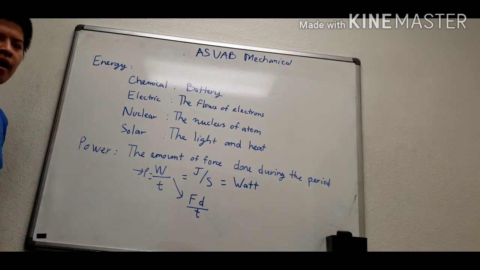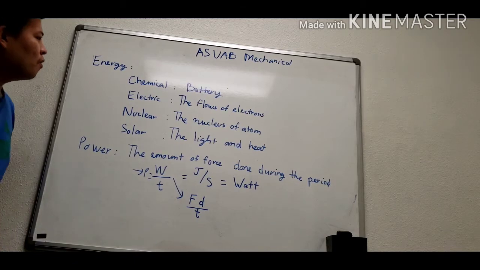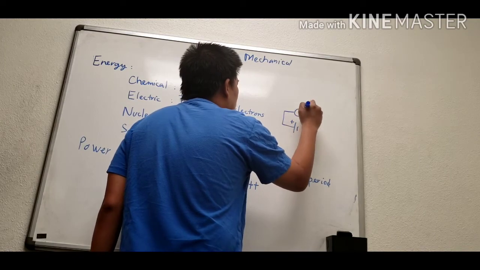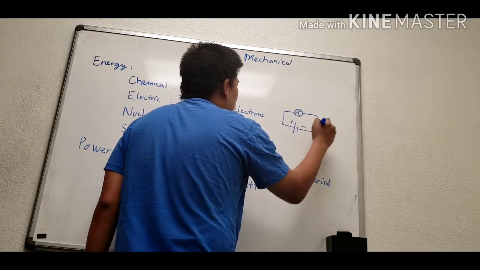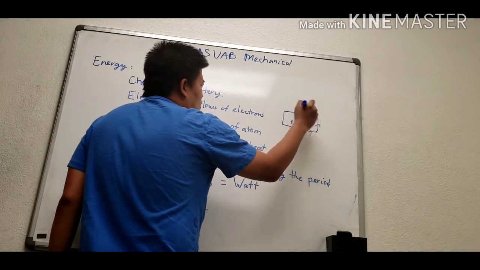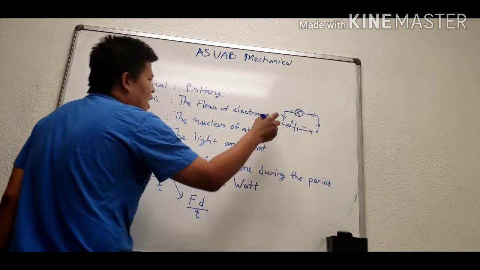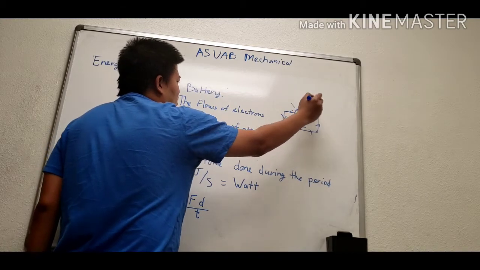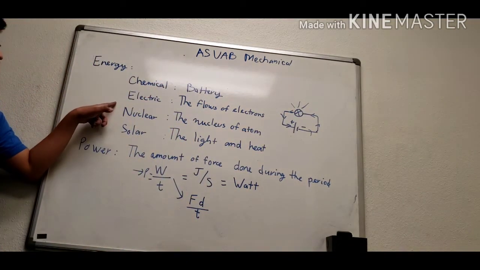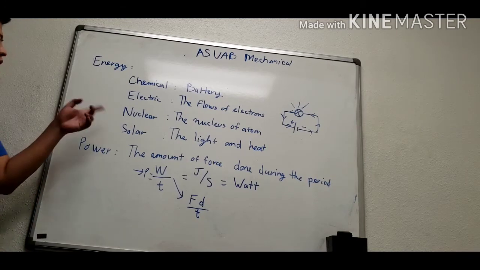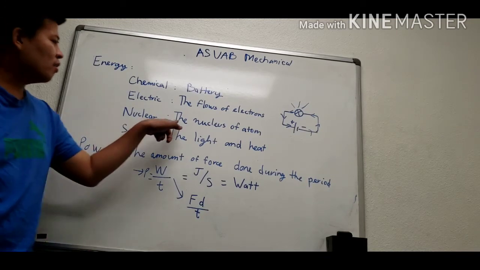Electric energy is about the flow of the electrons, because that's about the circuit, the flow of the electrons going through the circuit. That's why we call it electric energy.